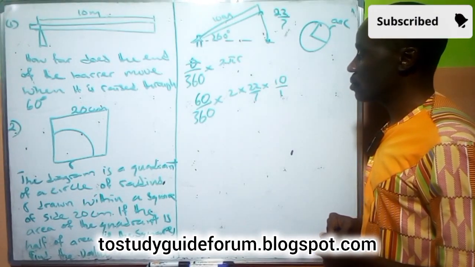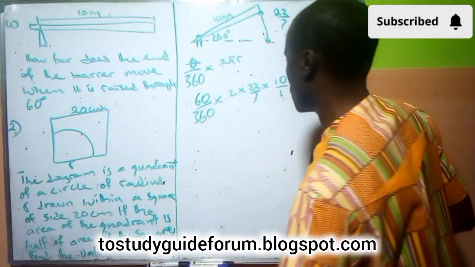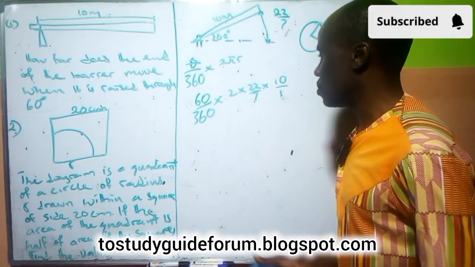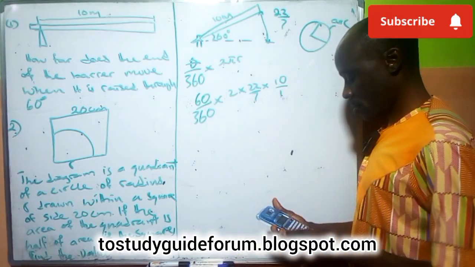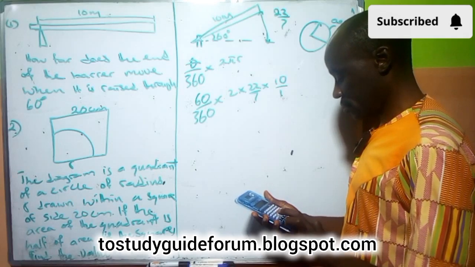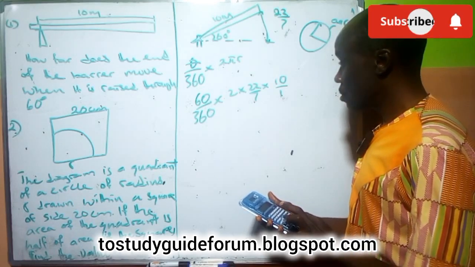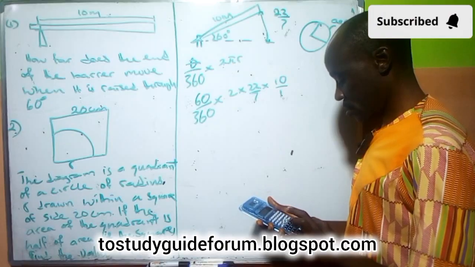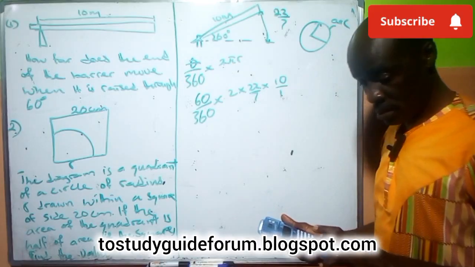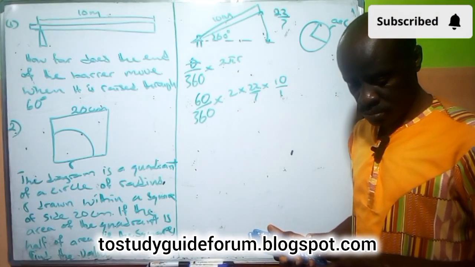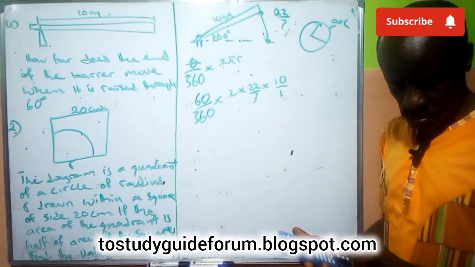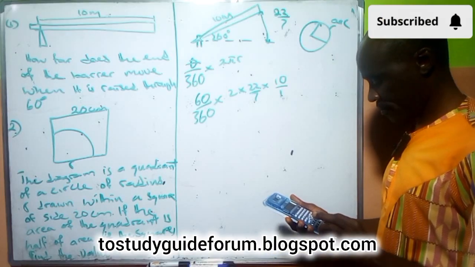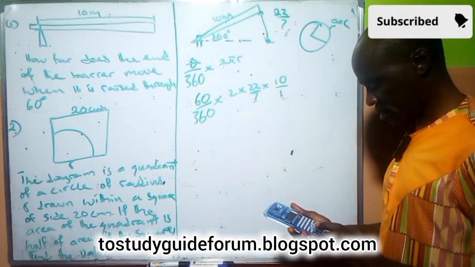So what next are we going to do? Let's just do the calculation. We have 60 times 22 times 2 times 10, then divide by 360.